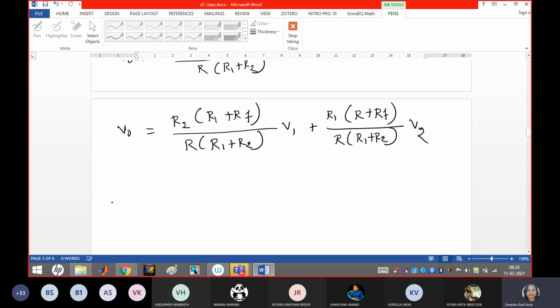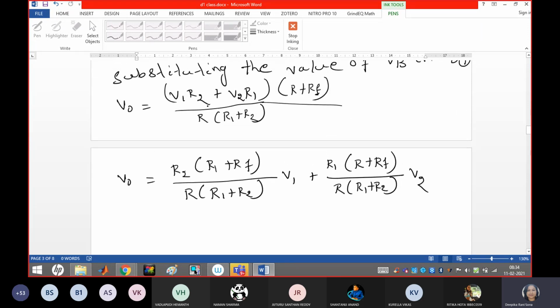If you elaborate the equation, it will be in this form. After this line, a lot of R, R1, RF terms are there along with your V1 and V2. What is our target? We have to find the voltage V0. So just break the equation in terms of V1 and V2. It should come as a V1 plus V2 term.